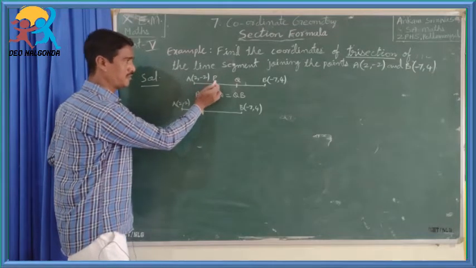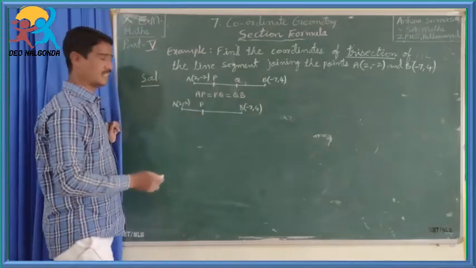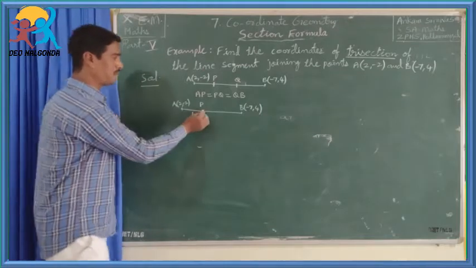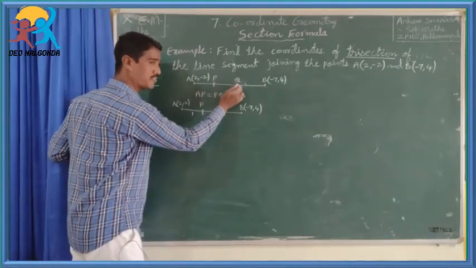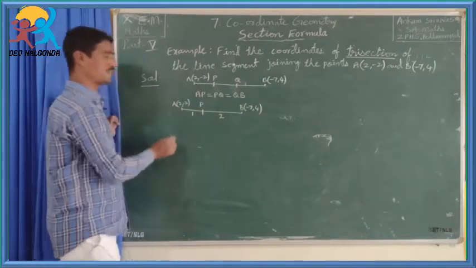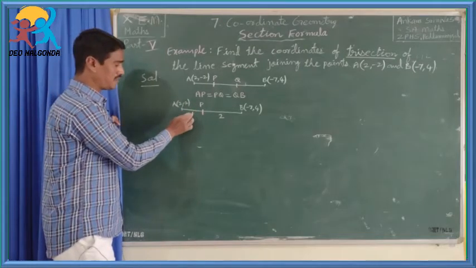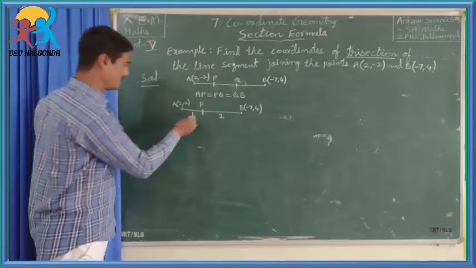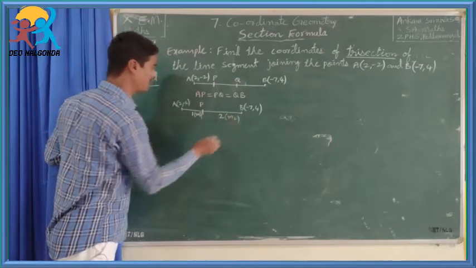A to P is 1 unit, and P to B, that is PQ plus QB, is 2 units. So to find P, we have to take the ratio 1:2.